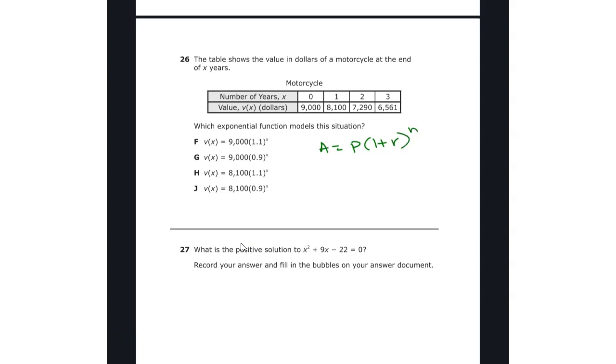And because it's reducing, it's going to end up being 1 minus r. So we're going to look for anything that is less than 1 in the parentheses. This is no good. This is no good. Now, the value to the left of the parentheses specifically has to be the same as the initial value of the motorcycle. So this is going to be a better answer.